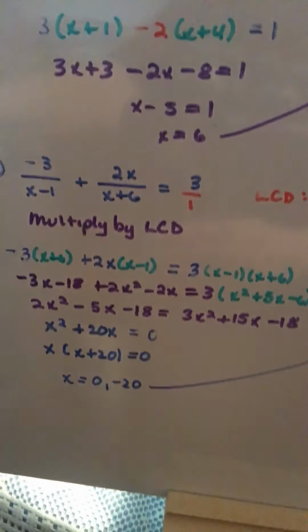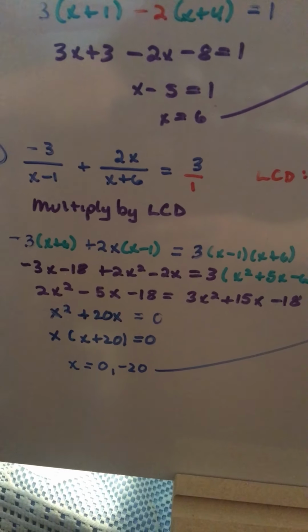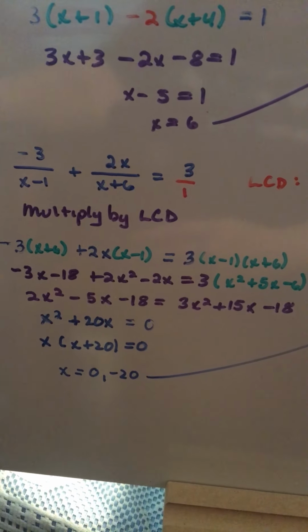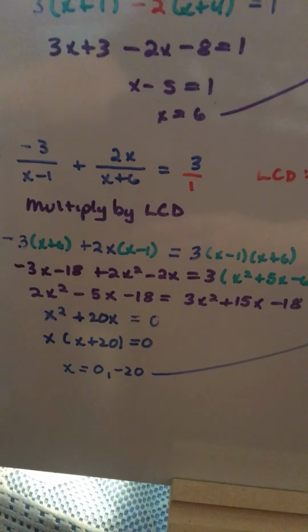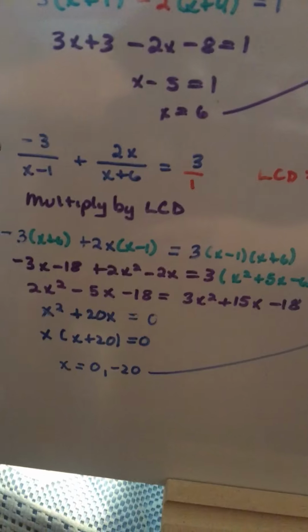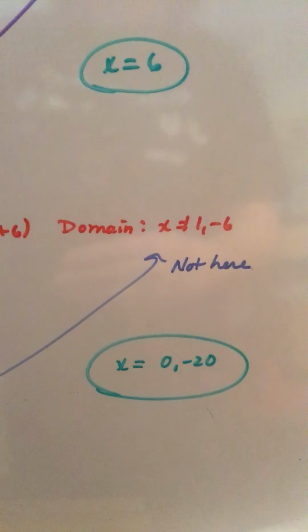Now I get everything organized by using the additive inverse, so it's all on the left side, and I have x squared plus 20x equals 0. I factor and solve, and I have 0 and -20. Neither one are bad guys, so no extraneous answers.